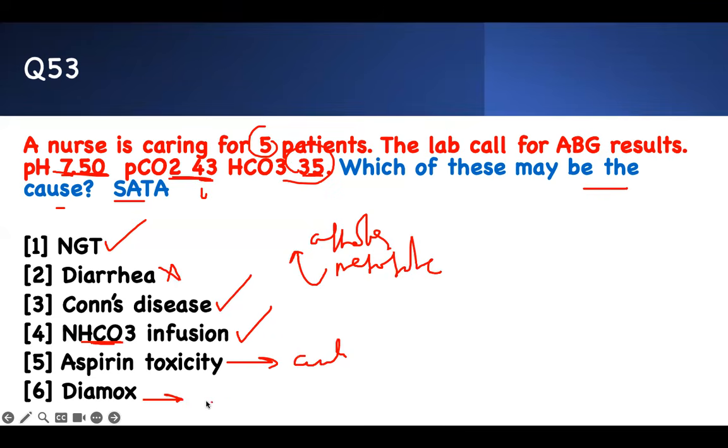Diuretics, this is also alkalosis. Aspirin causes acidosis, and diarrhea also decreases your bicarb. So this is acidosis. And the rest is alkalosis. So 1, 3, and 4 are your right answers. And thus this is gone.